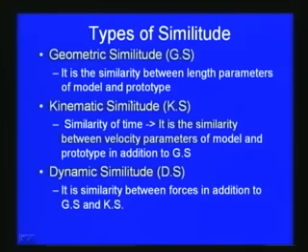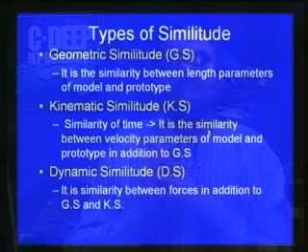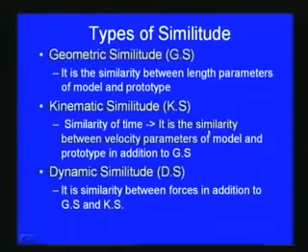The second one is the kinematic similitude. Most of the fluid flow phenomena vary with respect to time. So the kinematic similitude is the similarity of time. It is the similarity between the velocity parameters of the model, or the discharge or the acceleration, various parameters which vary with respect to time.